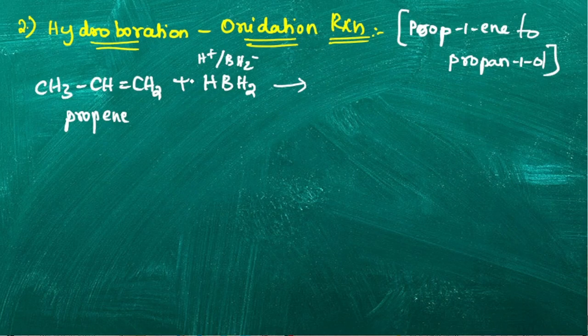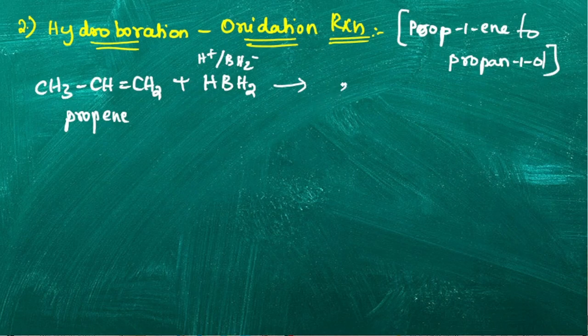Which is that? CH2. CH3 you should not touch, because it does not have the double bond. Here you are removing the double bond, so be careful. The CH2 has more hydrogens, so go and attach with it.